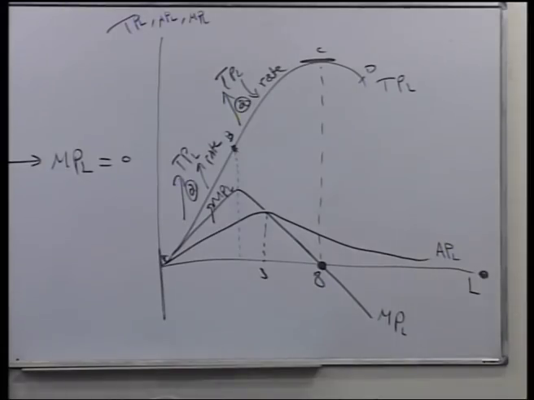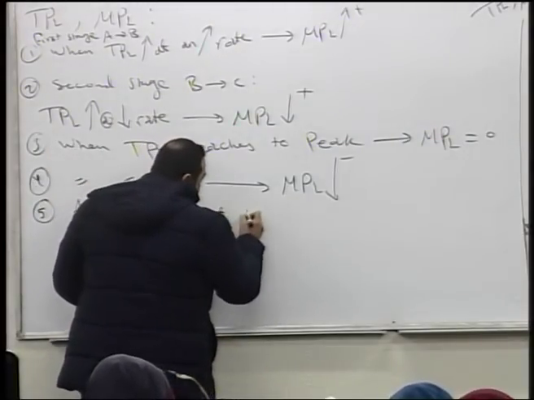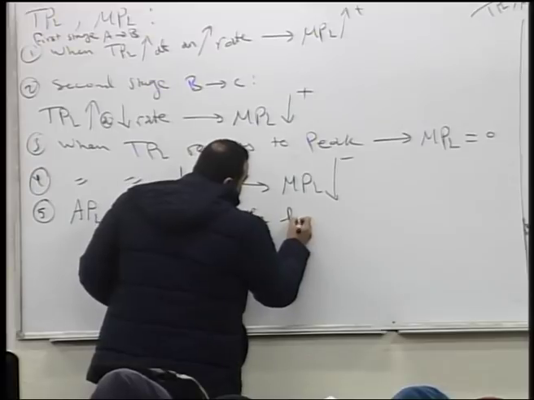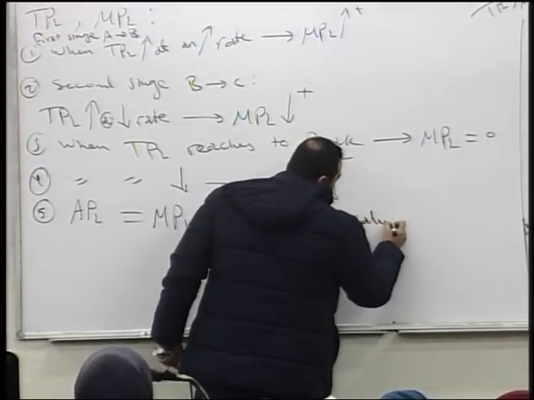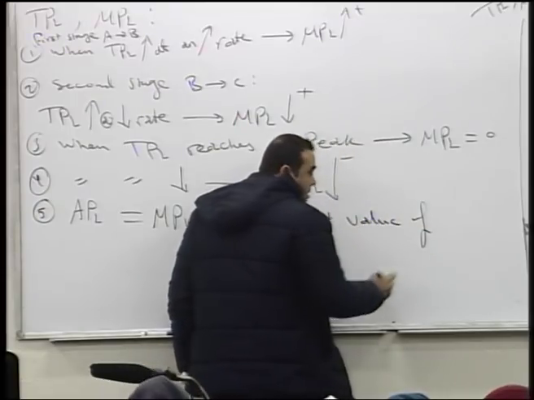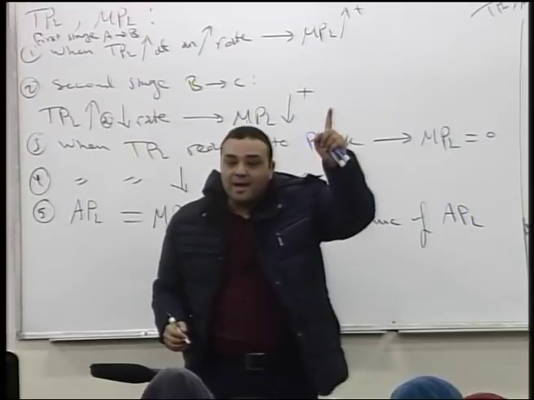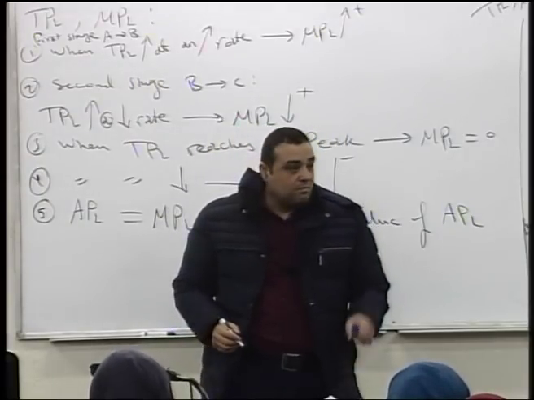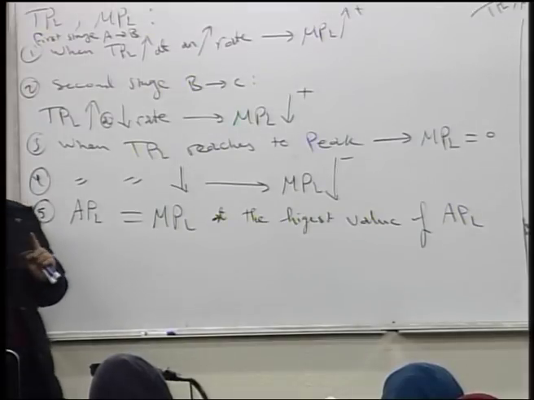So APL crosses MPL, or equals MPL, at the highest value of APL. Check whether this number is the highest value of APL. Correct. Okay? What else?